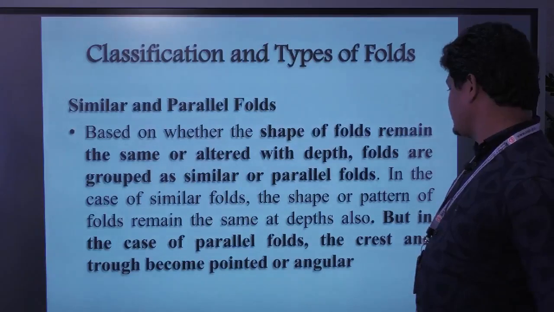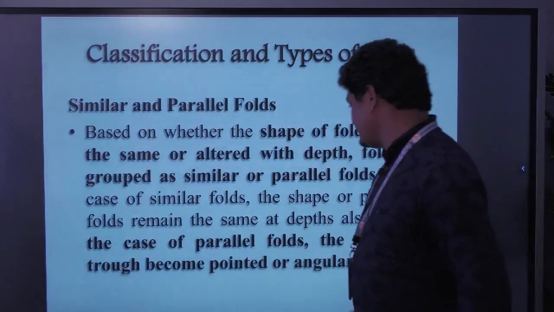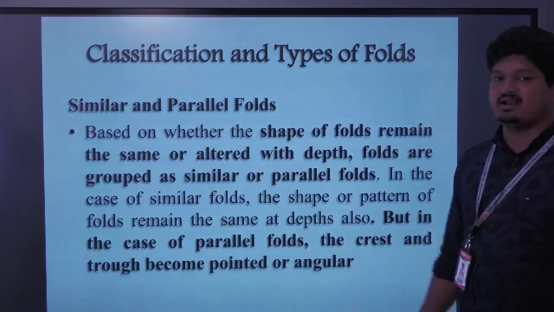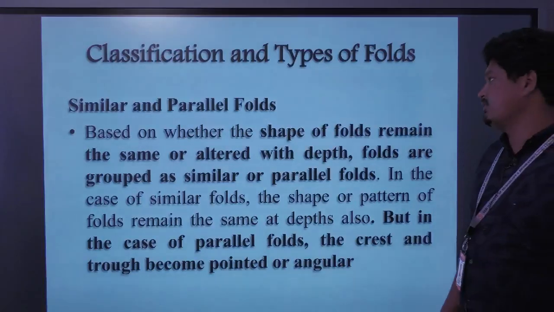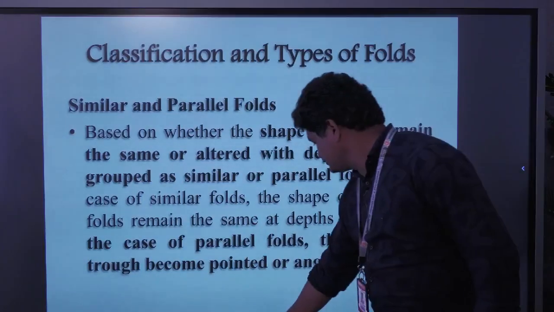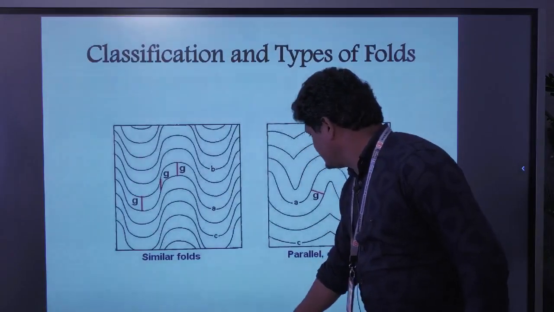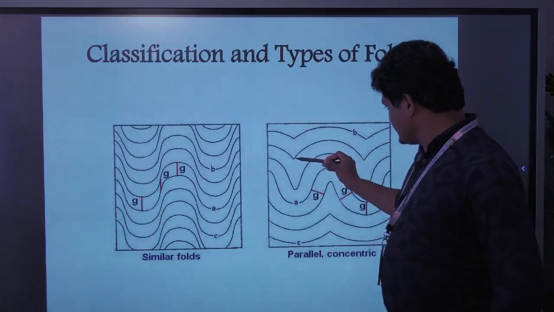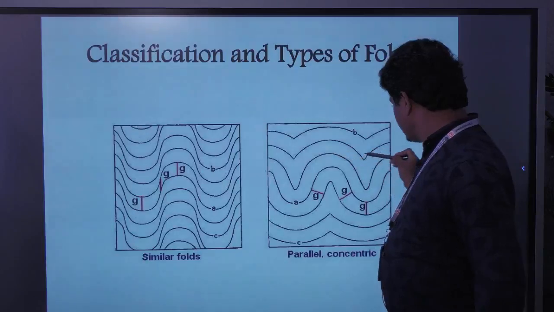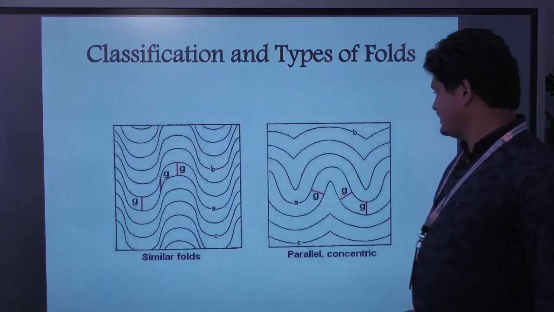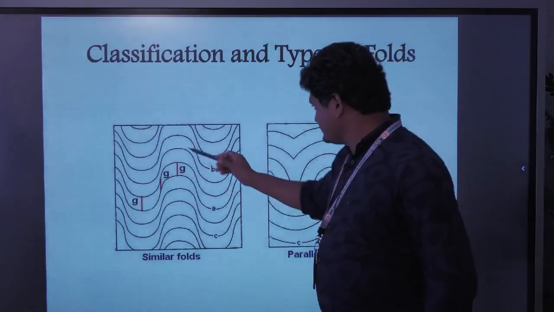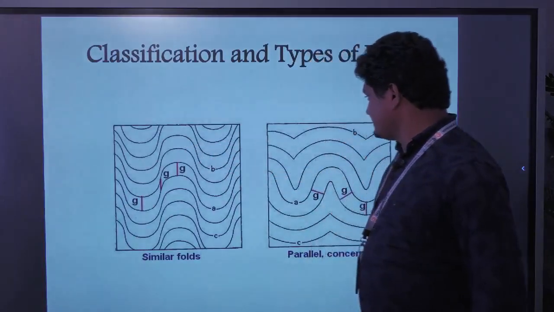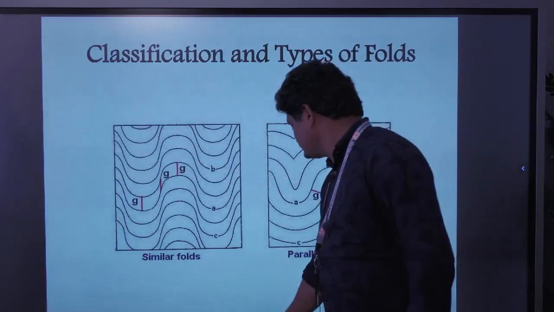The crest and trough will always be pointed or angular. This is called a parallel fold. We have already seen these: the crest and trough side will be angular, pointed, with some length and thickness identified.